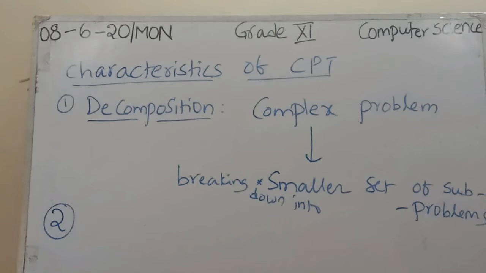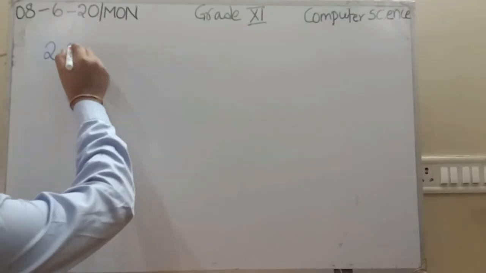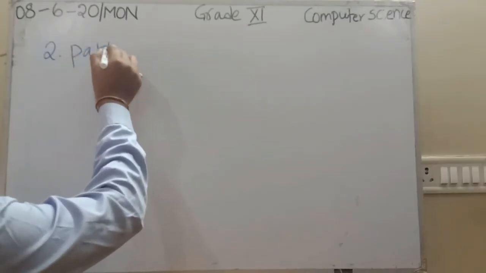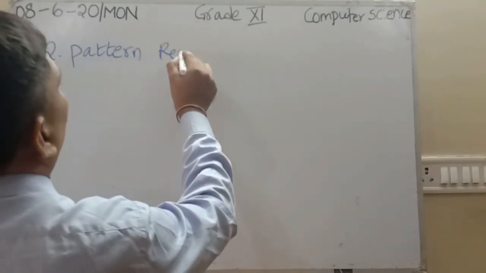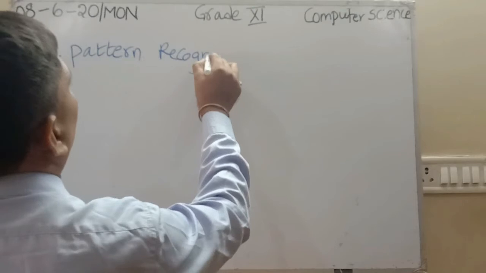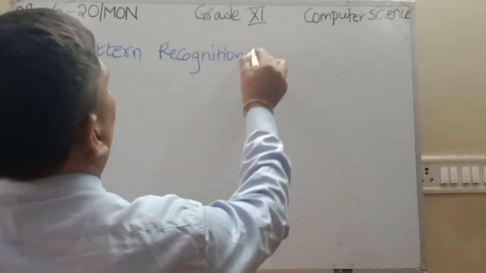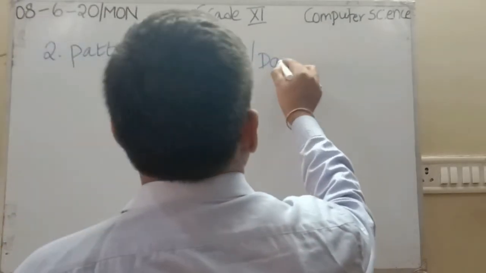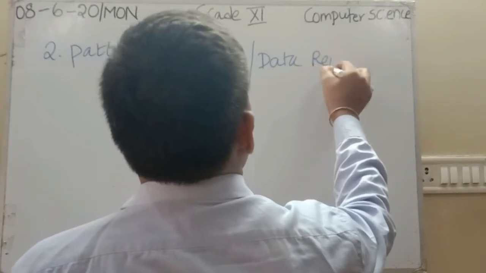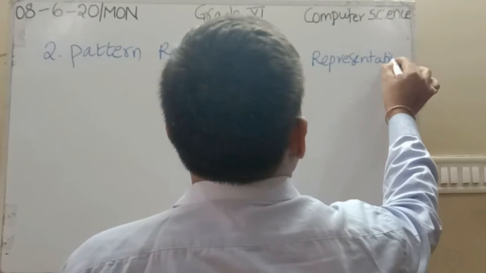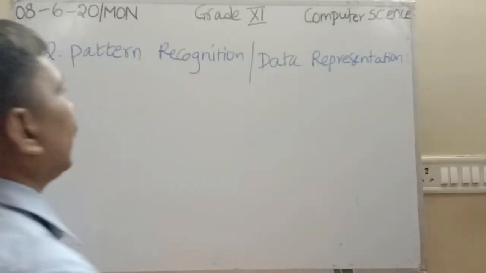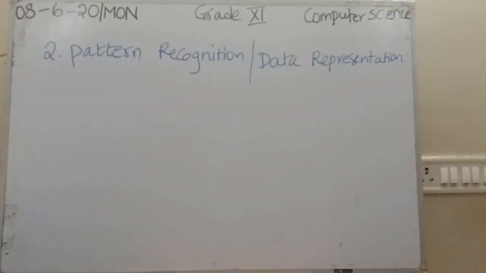So in this way, when we are doing logic, that is CPT, computational thinking, this characteristic must be implemented. The next one is pattern recognition and data representation. Pattern recognition means we are dealing with a complex problem or a big problem.